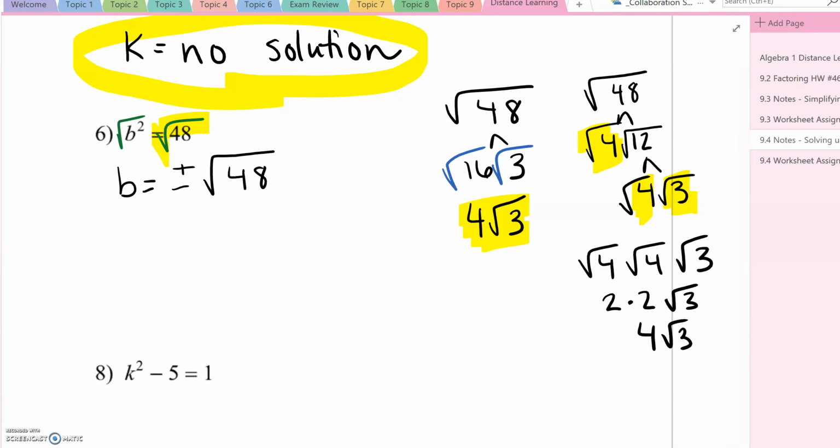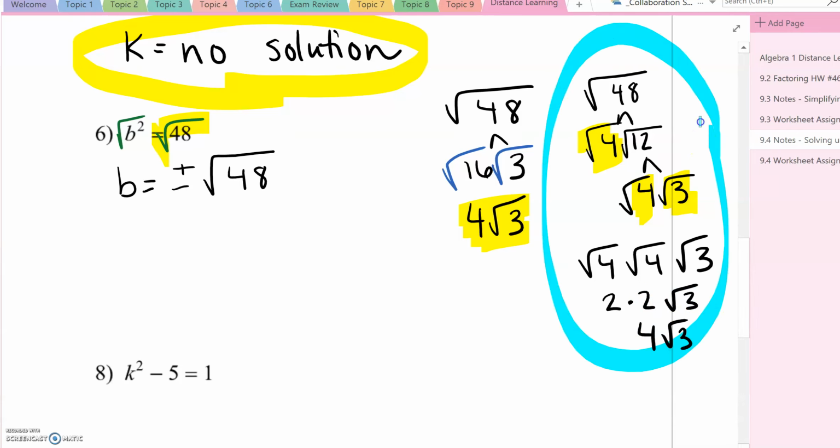So the one on the right is a longer way to get the same answer as the one on the left. So one word of advice for you is always try to think of the biggest perfect square in the number because it will save you the most steps in the long run. But either way, the square root of 48 can be simplified to 4 square root of 3.